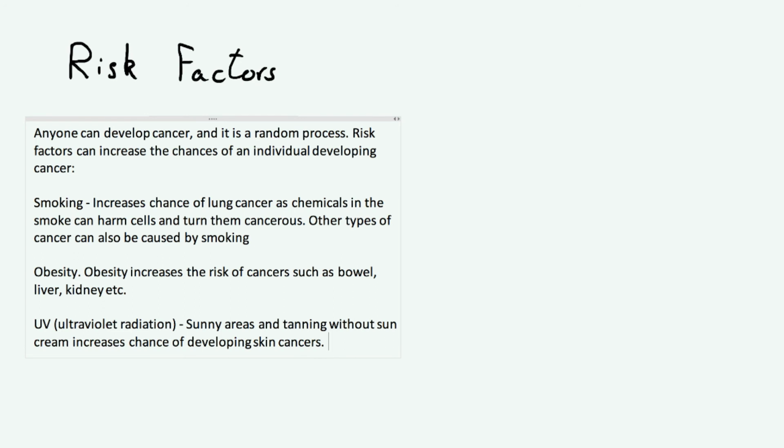If you go on a tanning bed, you're dosing your skin with ultraviolet radiation. Ultraviolet radiation can cause cancer. It is a risk factor associated with cancer, so if you tan on a sunbed, that is increasing your chance of cancer.